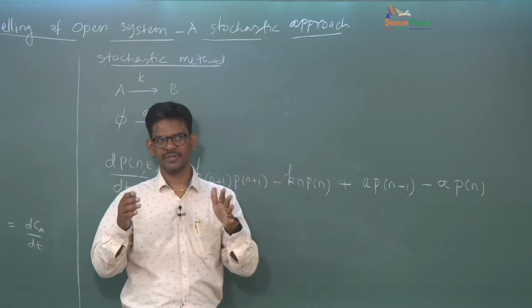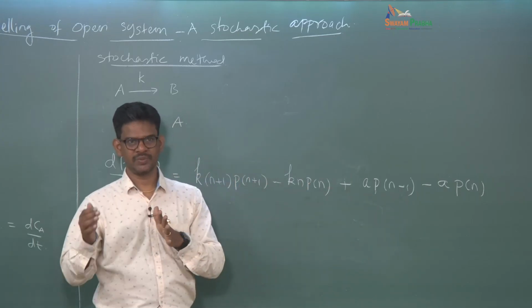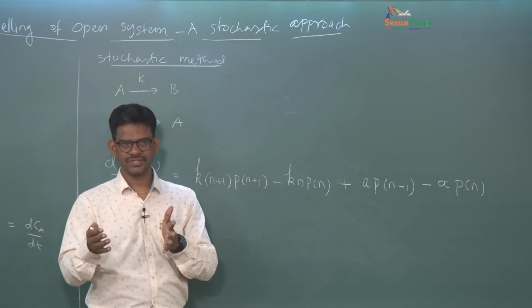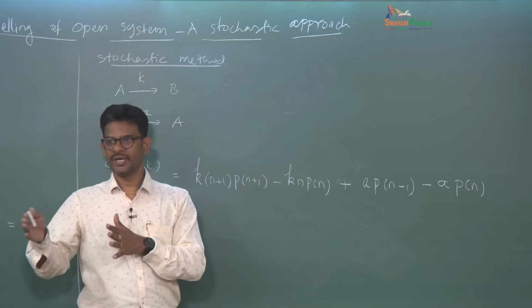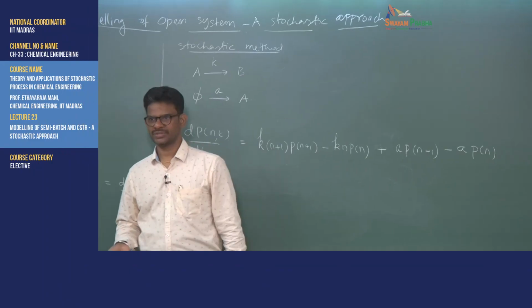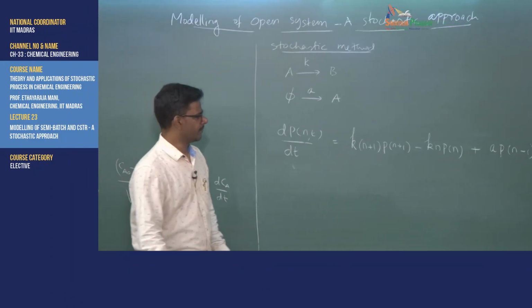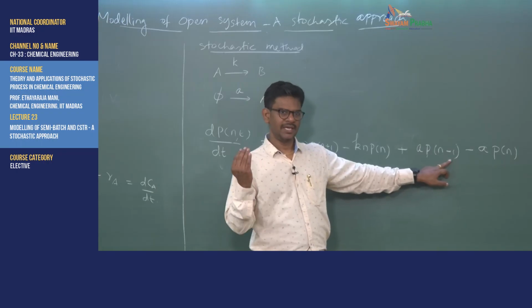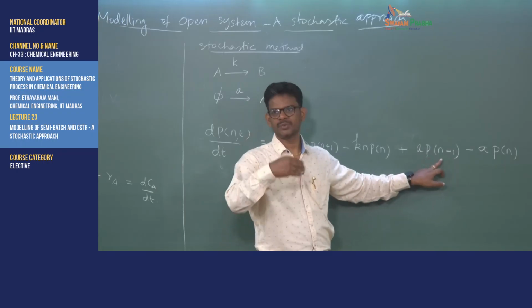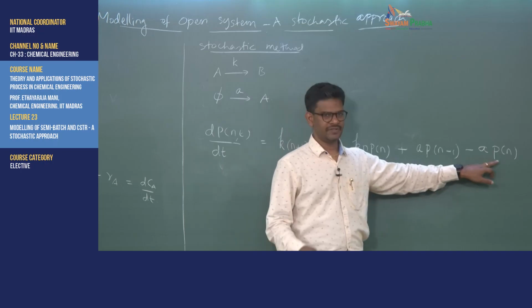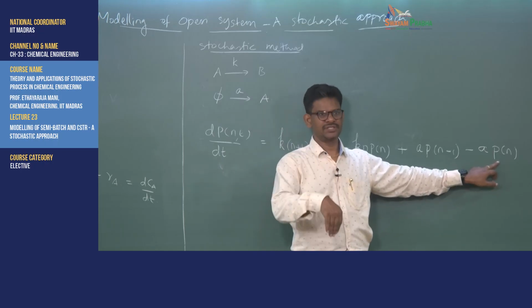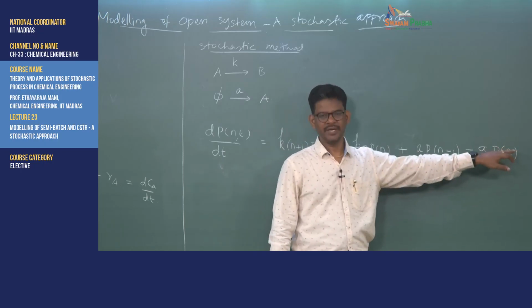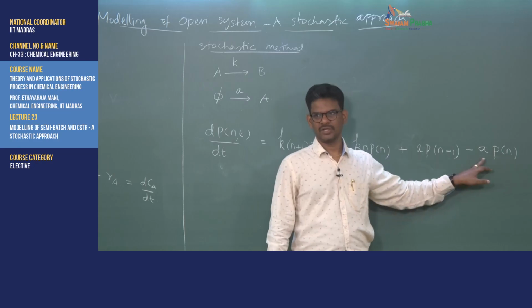Again, we are talking about a jump process where one molecule at a time reacts or enters as independent events, so we justify it's a Markov process. So this term tells you that if the current system is at n minus 1, an injection step will take it from n minus 1 to n. On the other hand, if the current system is at n, one injection step will take it to n plus 1, so you have a loss.